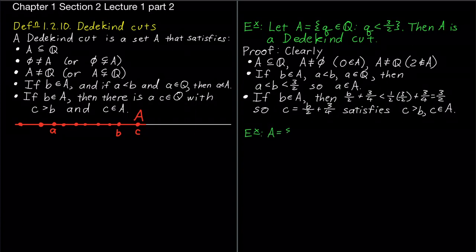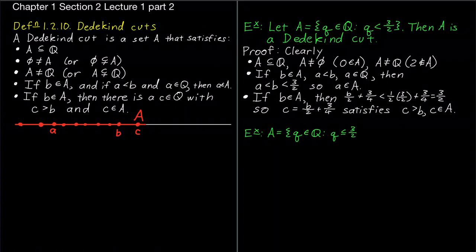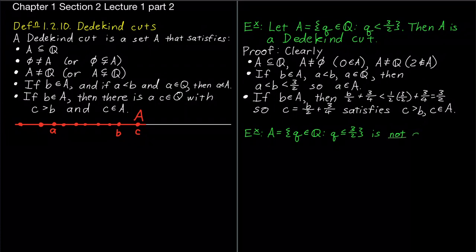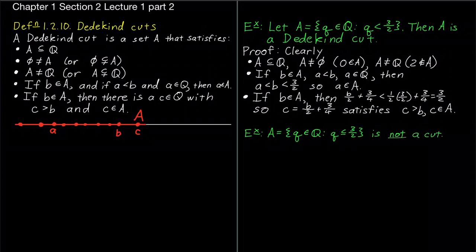And conversely, this set, if we put a less than or equal to sign here, is not a cut. And to show that you're not a cut, you just need one axiom to fail.